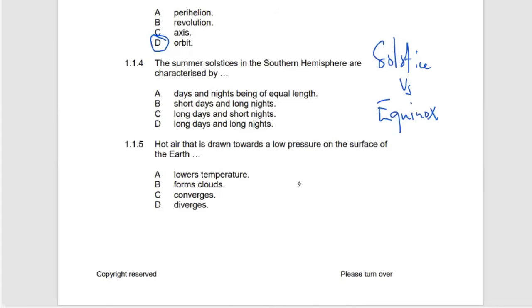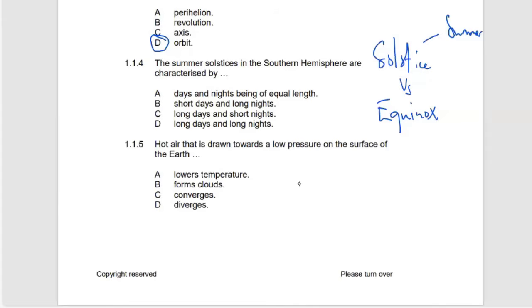So we are looking at a summer solstice. Remember, at a solstice there is an imbalance in the number of hours during the day and during the night. What happens to the length of the day and the length of the night when it's summer solstice in the southern hemisphere?